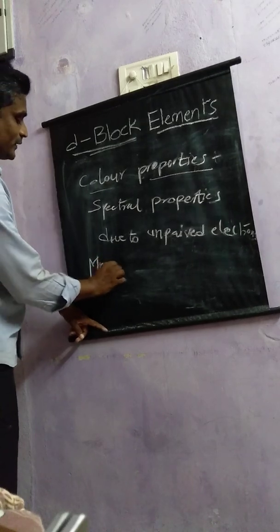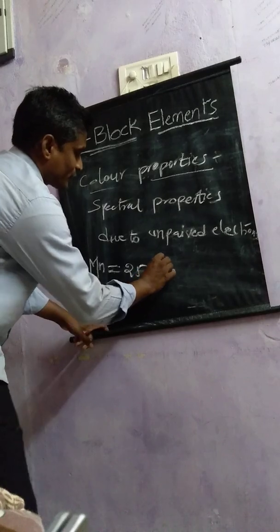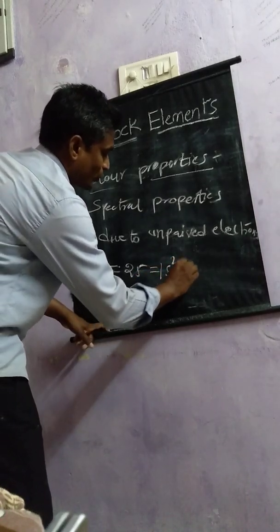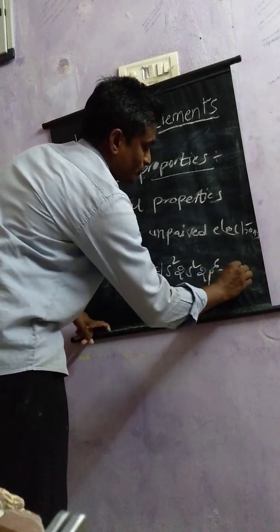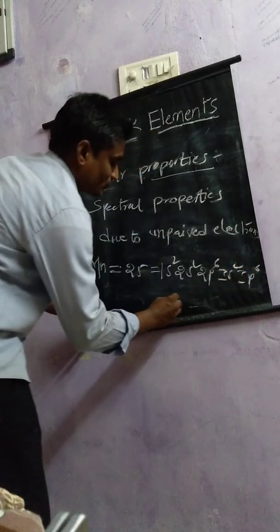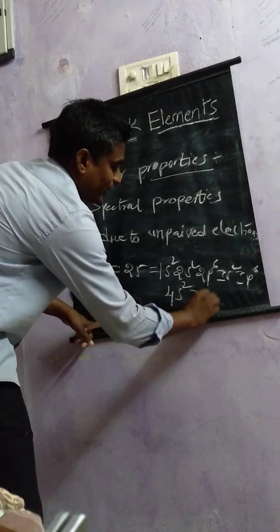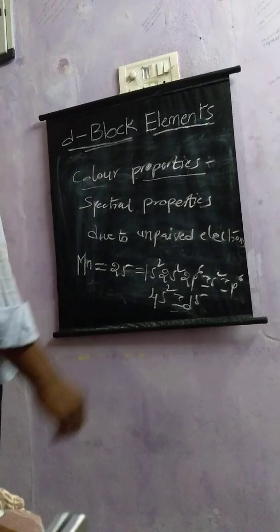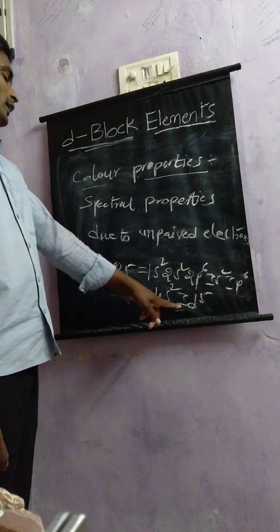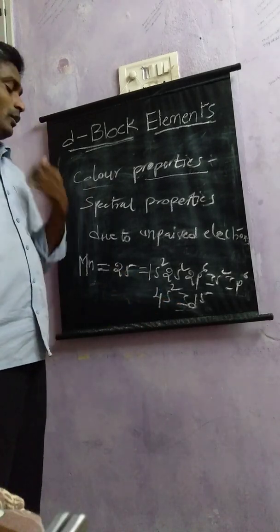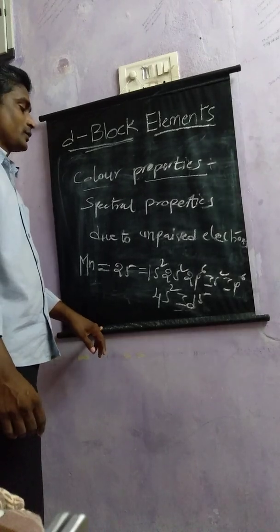Manganese atomic number is 25 and the electronic configuration is 1s2, 2s2, 2p6, 3s2, 3p6, 4s2 and 3d5. See here there are 5 unpaired electrons.